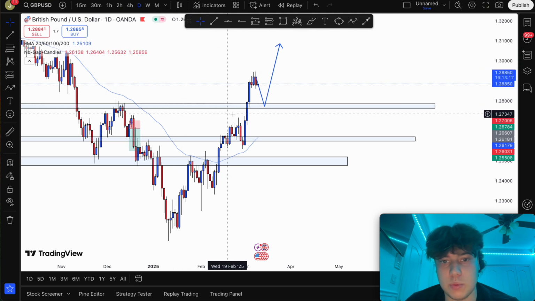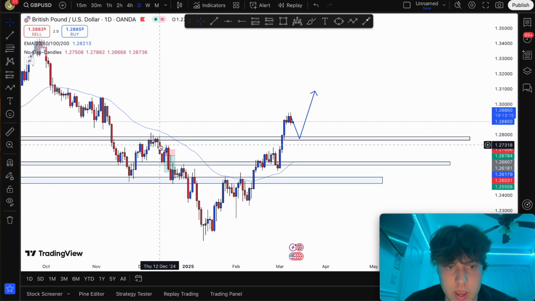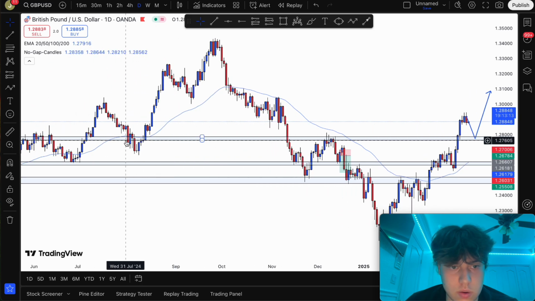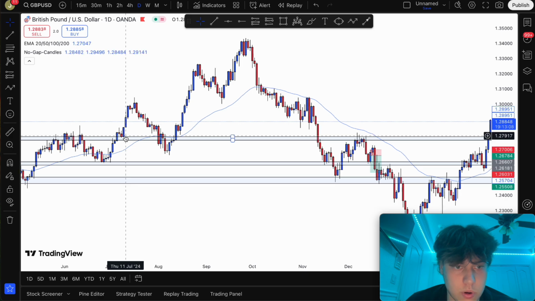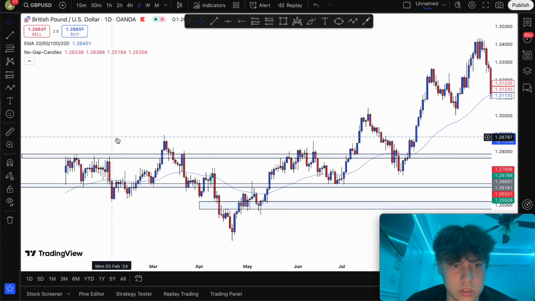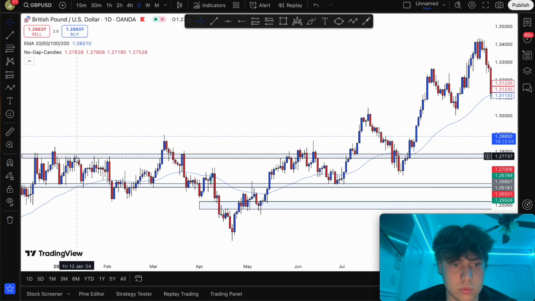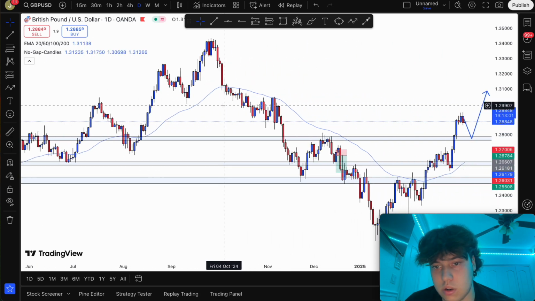On the daily, we have this beautiful area of interest. We have resistance, resistance, support, support, and then resistance many times, and so on.